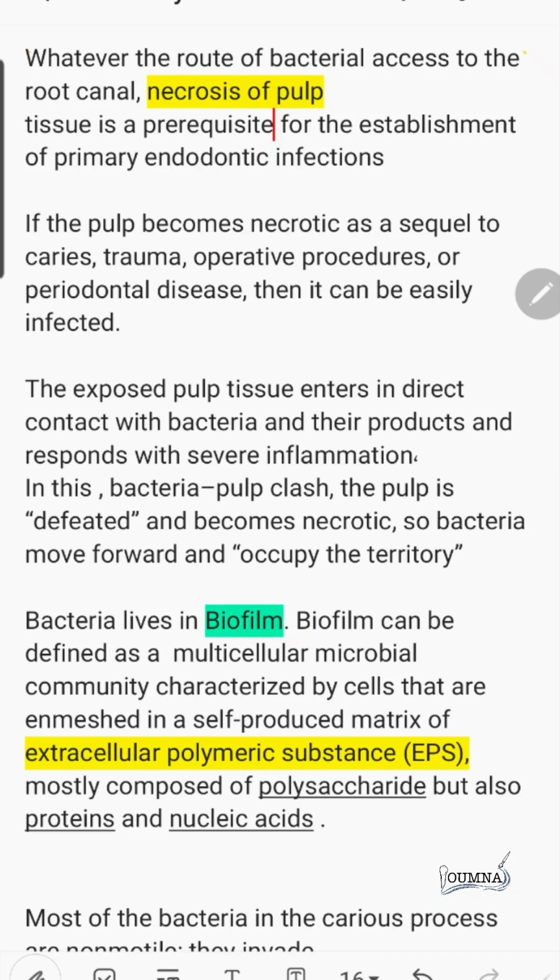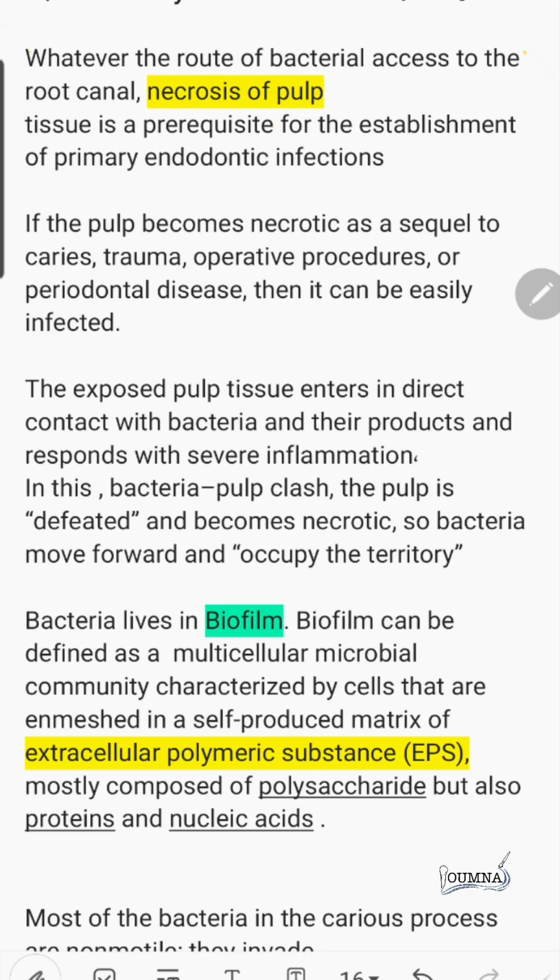The exposed pulp tissue enters in direct contact with bacteria and their products and responds with severe inflammation. In this bacteria-pulp clash, the pulp is defeated and becomes necrotic, so bacteria move forward and occupy the territory. Bacteria live in biofilm.